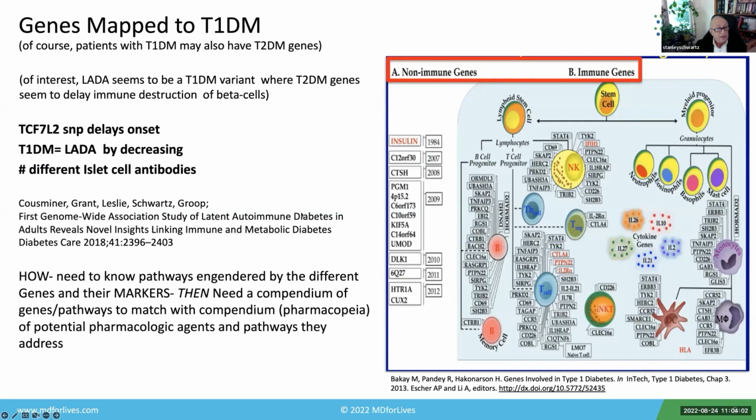In terms of genes, genes are mapped to type 1 diabetes, but of course, patients with type 1 diabetes can also have type 2 genes. Here you can see type 1 genes that are immune-related and non-immune related, related to insulin and beta cell function.